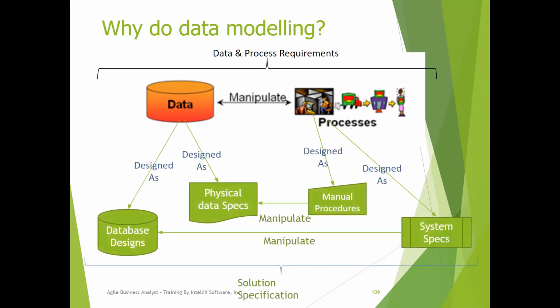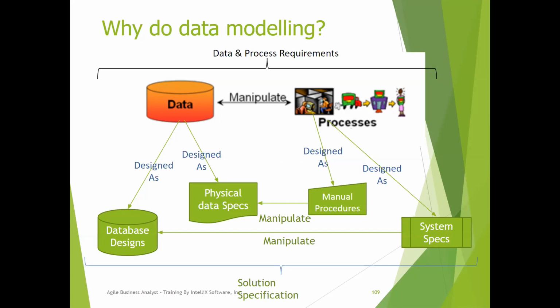When you think about data, you can define it as physical data specs. So you identify, when I talk about customers, what all it means: customer name, customer ID, maybe the date since you became a customer, maybe your shipping address, your billing address, your billing information. Those are customer aspects.